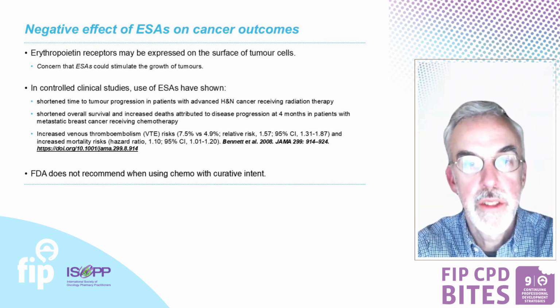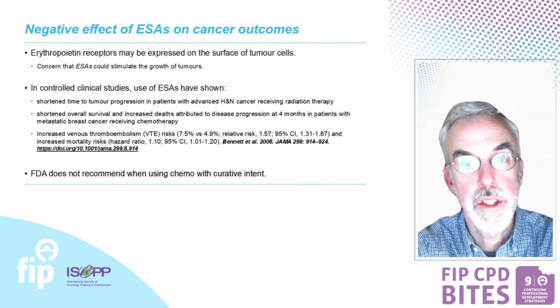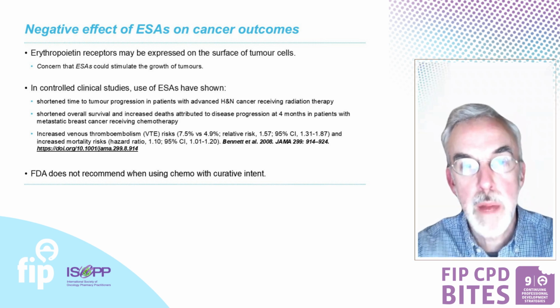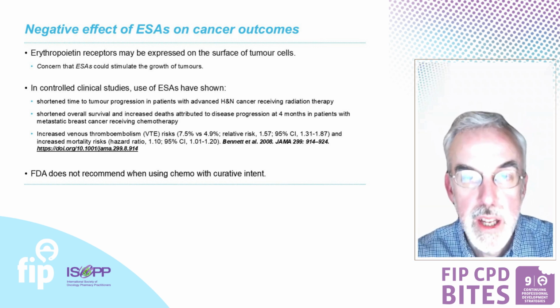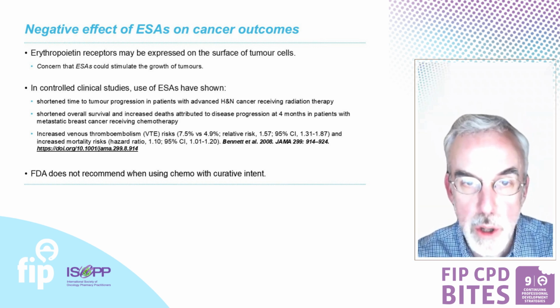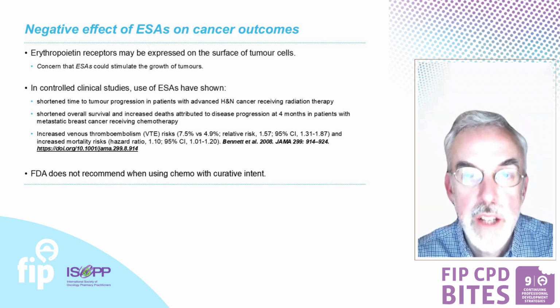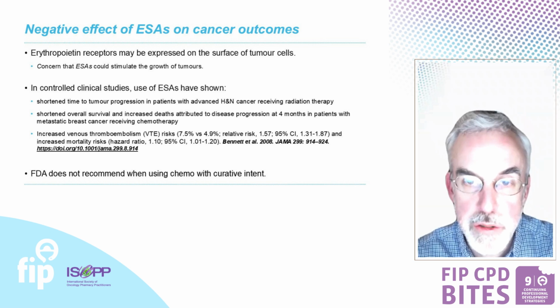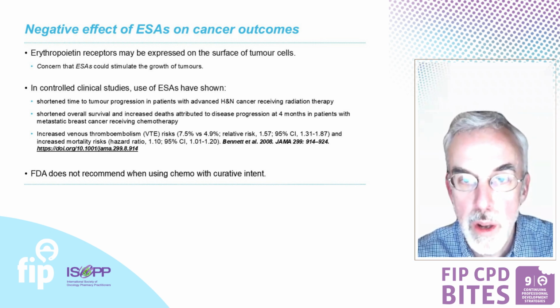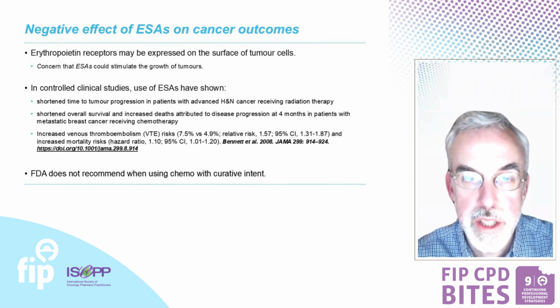As you can see, there are both theoretical and real concerns that survival may be affected in certain clinical settings. And because of this, the FDA, which is the drug licensing body in the United States of America, does not recommend their use when chemotherapy is being given with curative intent. This slide also provides some data on the increased risk of venous thromboembolic events associated with this class of drugs.